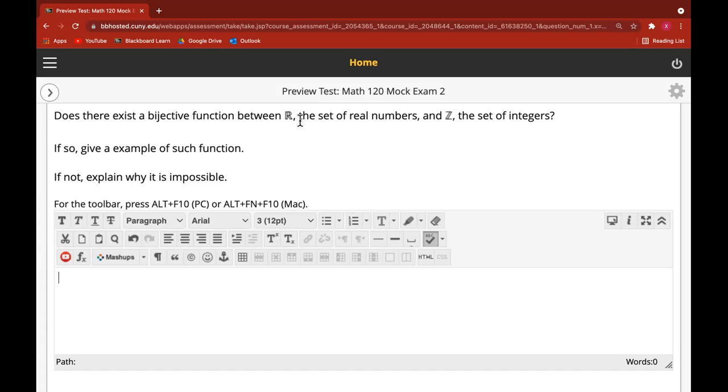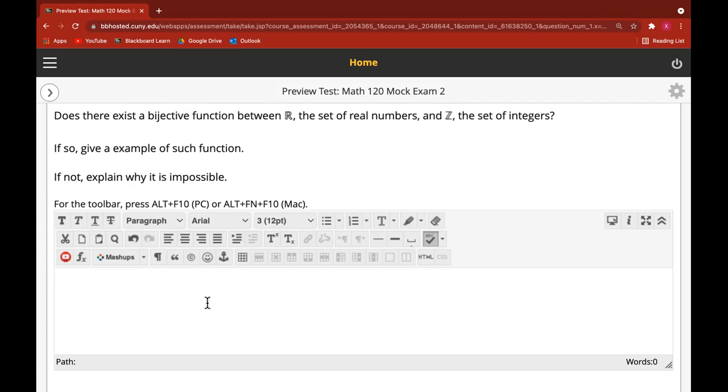We know the input set is the set of real numbers, and we know the output set is the set of integers. If our function is a bijective function, do we know anything about the cardinality of the sets? They need to have the same cardinality, right?